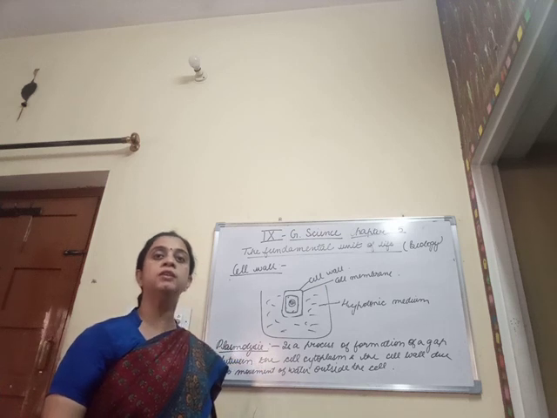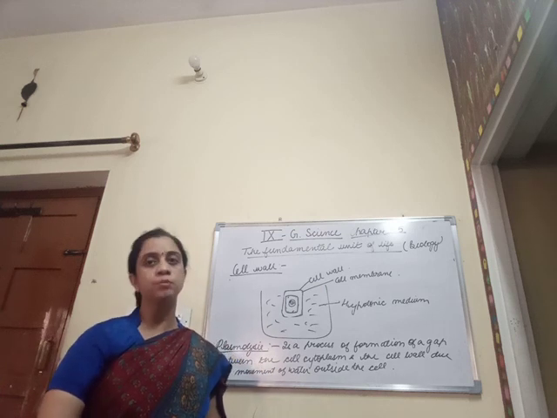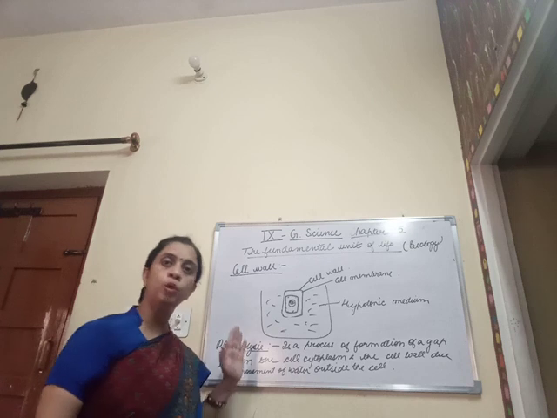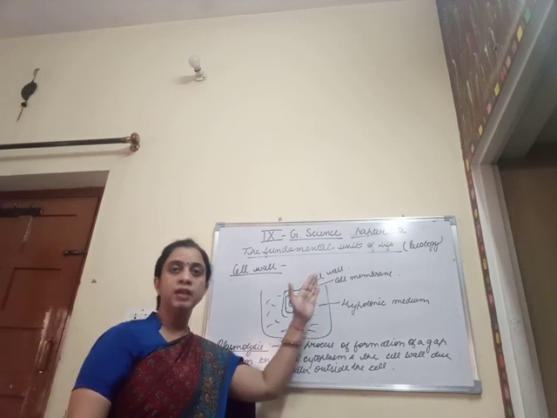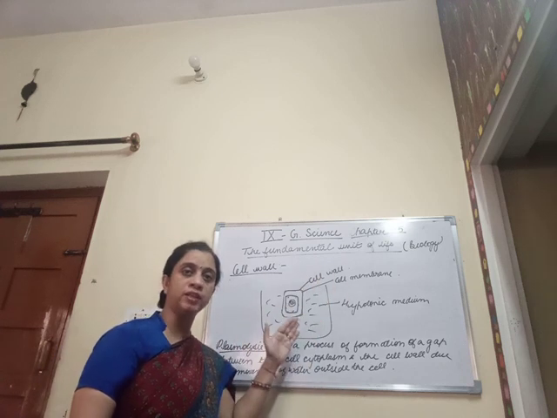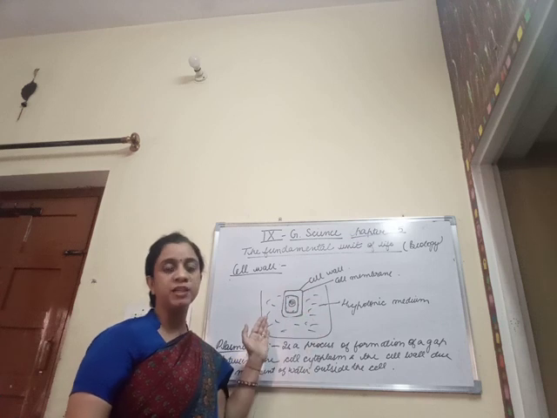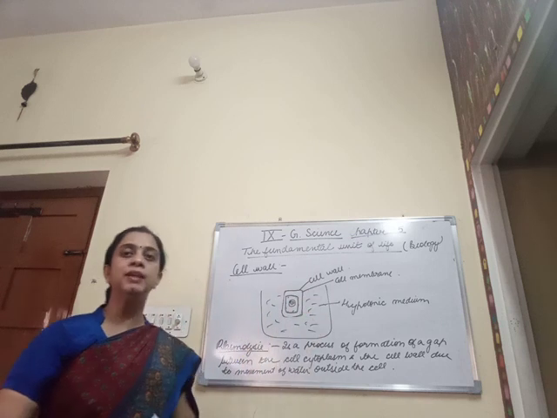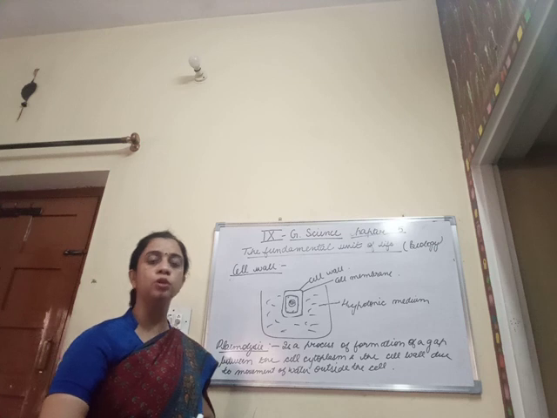So again the cell is going to be deplasmolyzed. This is the whole procedure of the cell being plasmolyzed and deplasmolyzed. So here we can see this with the help of an experiment also.